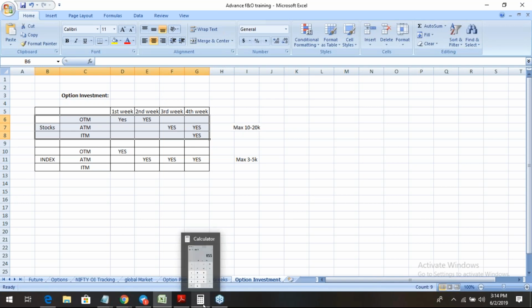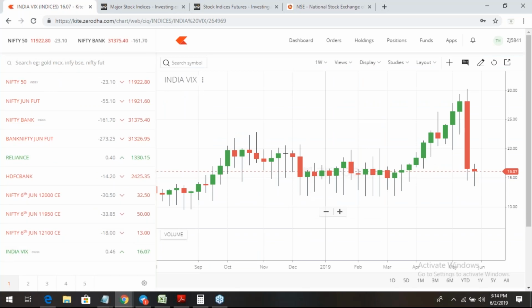Any index stock option. If you're buying, for example, Reliance call or put, what is the Reliance current market price? Reliance current market price is 3030.